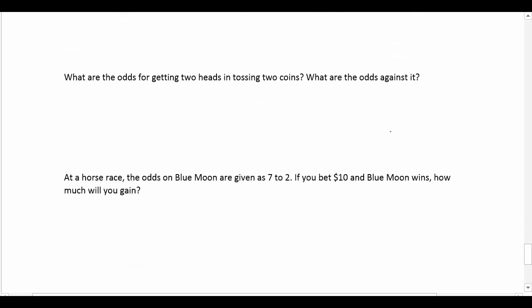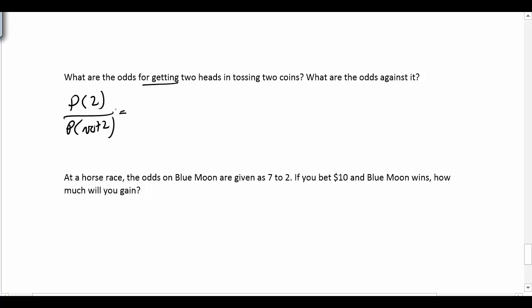All right, what are the odds of getting 2 heads in tossing 2 coins? What are the odds against it? Okay, so we want odds for getting 2 heads versus odds of not getting 2 heads.